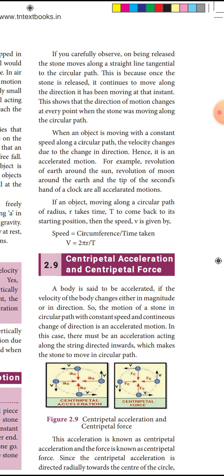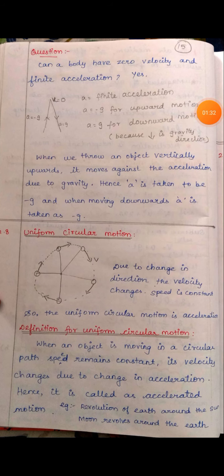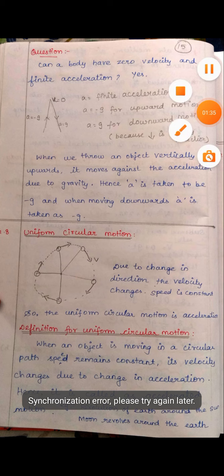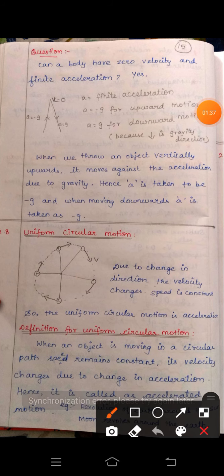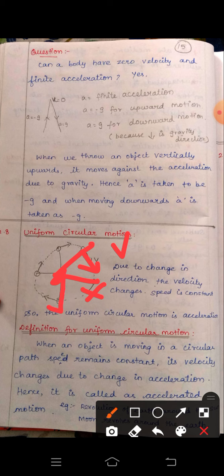For example, see here. This is the center of the path. We are having a thread and we are tying the stone to it. It is moving with a velocity v, and if it comes to this side, its direction will be in this side.